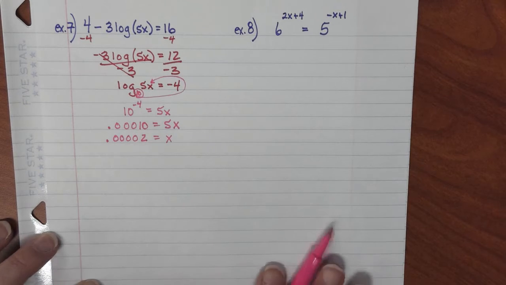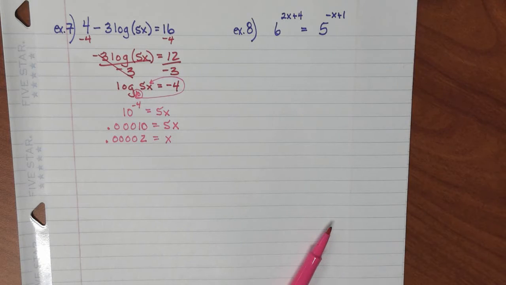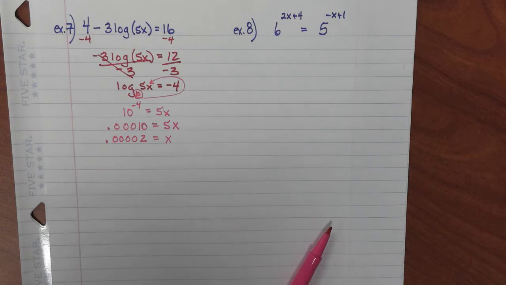Now let's try another example. Okay, example 8 says 6 raised to the 2x plus 4 equals 5 raised to the negative x plus 1. You're thinking, darn it, right away, they don't have the same base, so I can't do that. But if you notice, you can kind of go backwards, and you can take the log of both sides. That was another one of your properties.